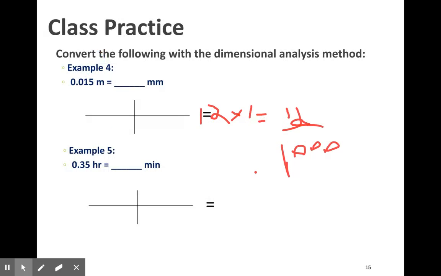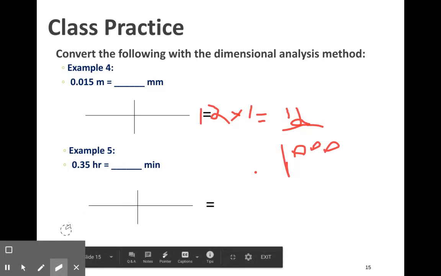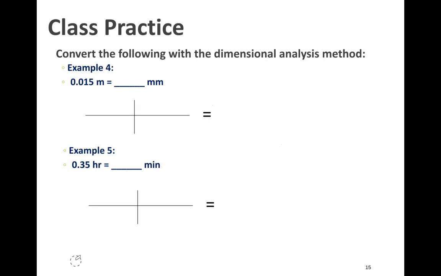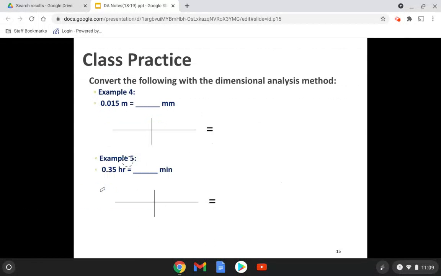All right. Let's erase all this. So, class example. We are converting 0.015 meters to millimeters. All right, let me fix this.